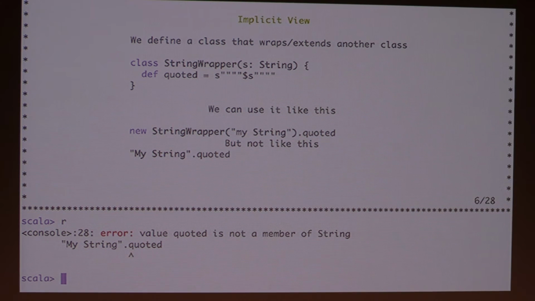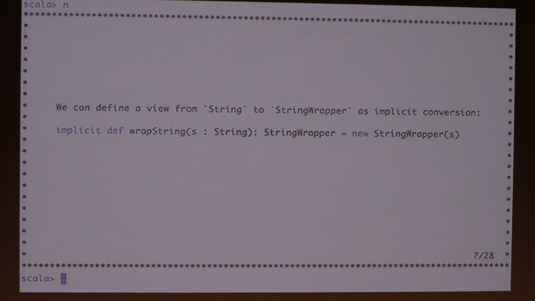Well, this will not work because we don't have this method on string, and we don't have control over string to add this method ourselves. So what we can do is define an implicit conversion again from this string to string wrapper. We call this a view. So implicit def wrapString, which takes a string, will give us a string wrapper, and it will just use the constructor here.